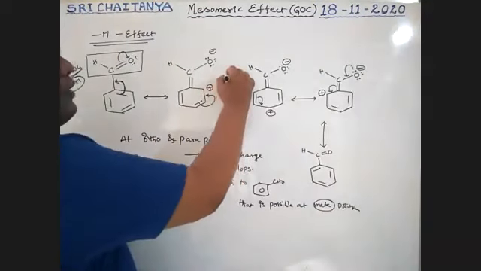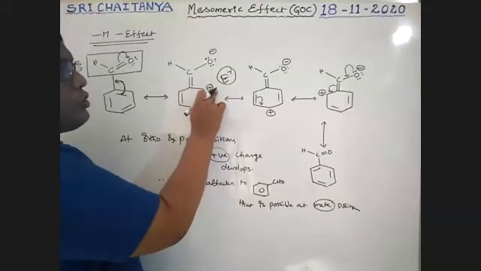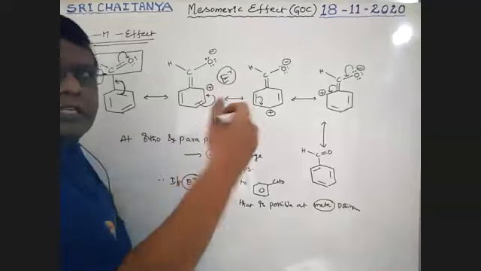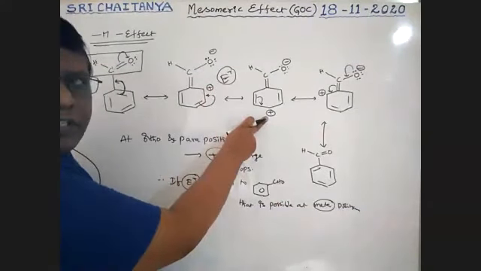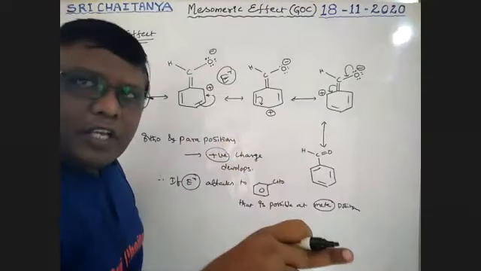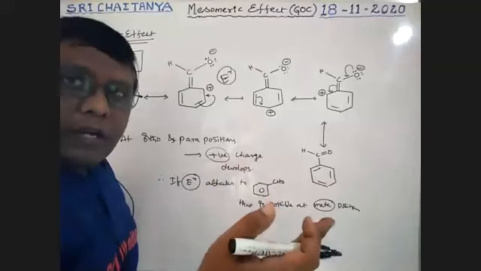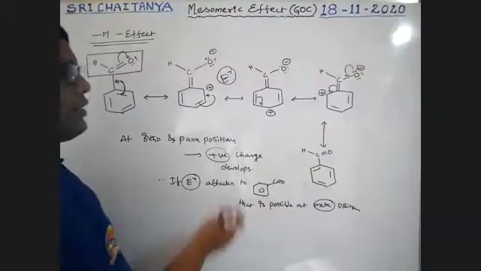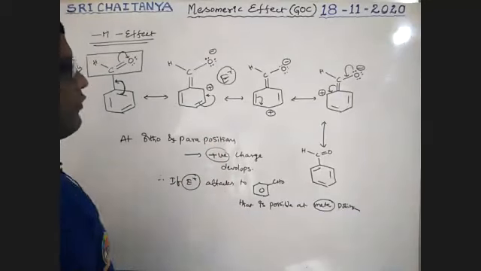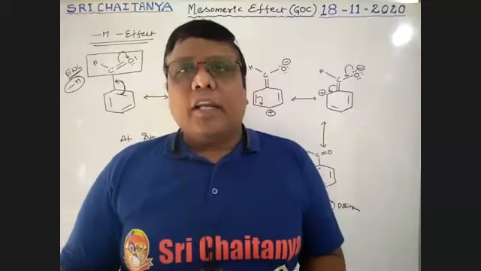If an electrophile is trying to attack at this ortho position, this is positive, this is positive. Between positive and positive, there is a repulsion. Here also positive, boys. At the para position also repulsions are there. That means fewer repulsions are present at the meta position. At ortho and para positions, more repulsions are there. Because of that, the meta position is comfortable. Therefore further electrophile attacks at the meta position, not at the ortho position.